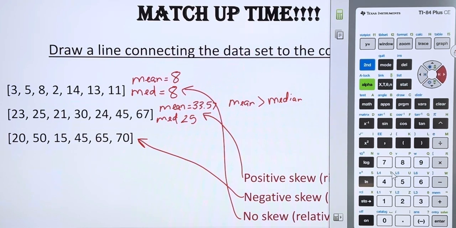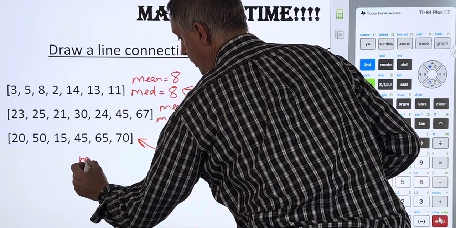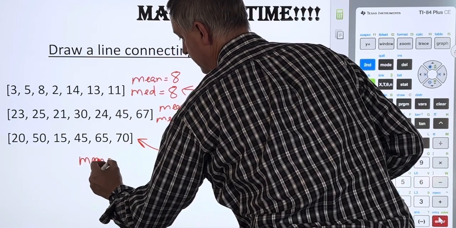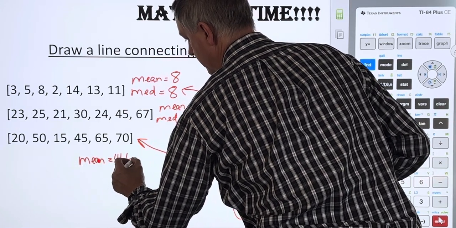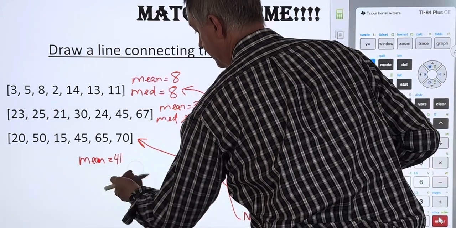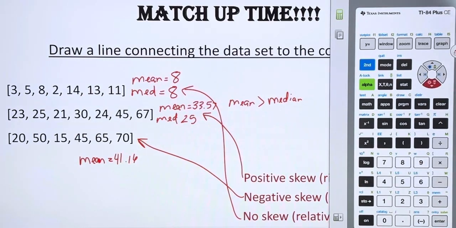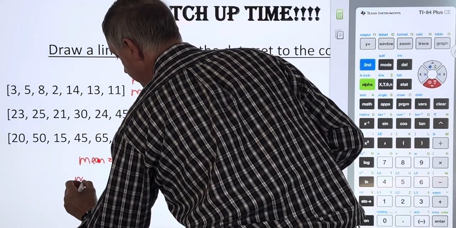So I'm gonna move a little quicker, shorten up the video. So this one had a mean of 44.16. Excuse me, 16. Sorry about that. The median is 47.5. Median was greater.